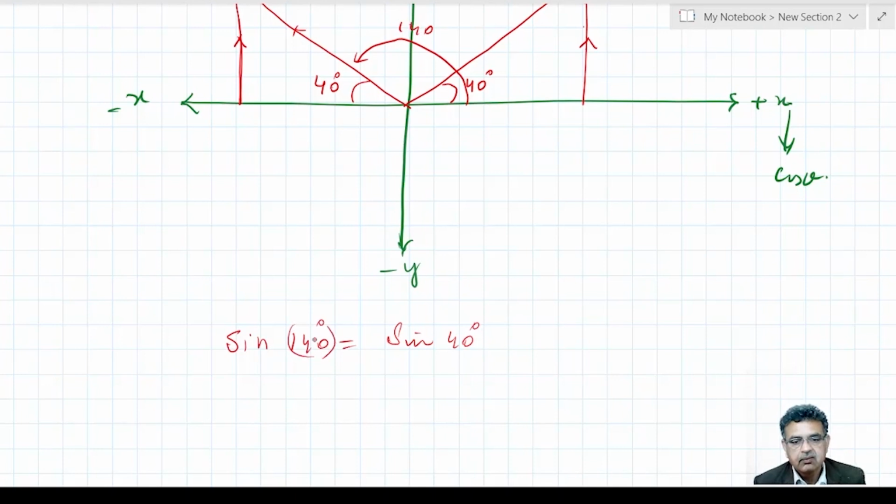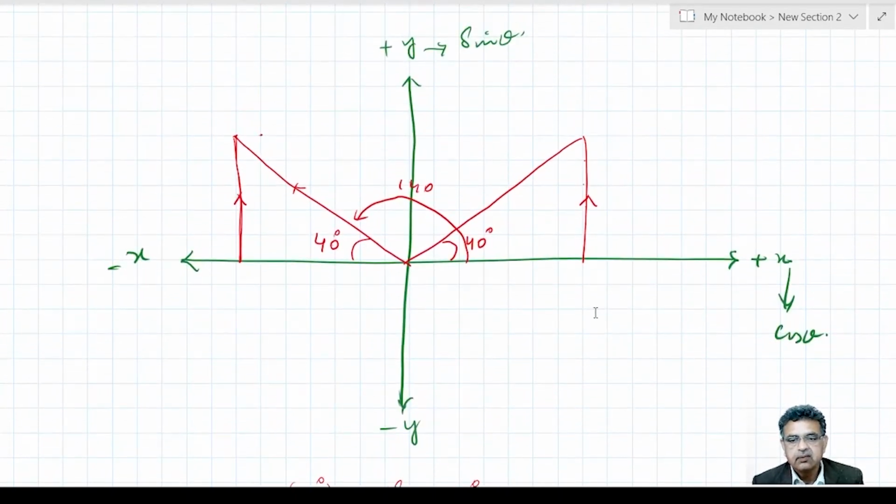Therefore, if I name these sides, let's say this side is A, this is B, and this is R. On this side, this is A, this will be negative A, and this will be positive B. Same positive on this side because it is upwards, this is also upwards.